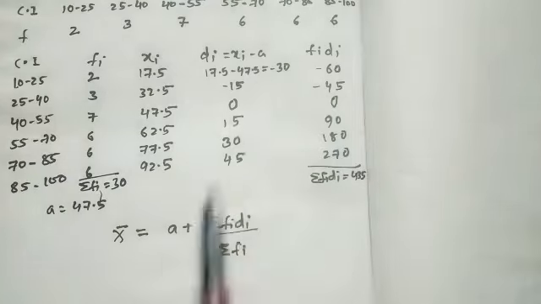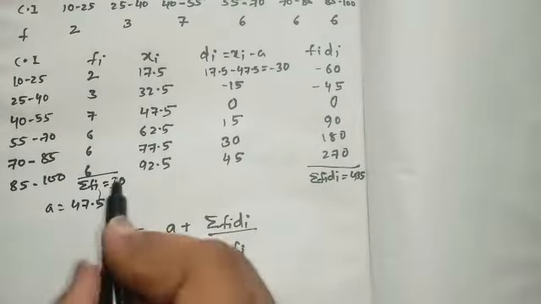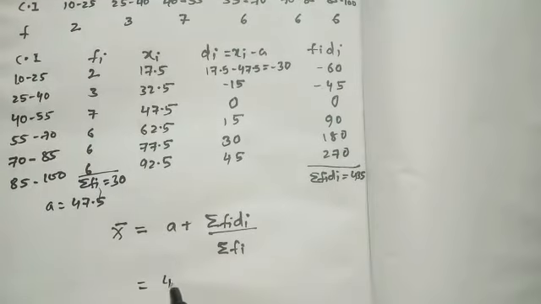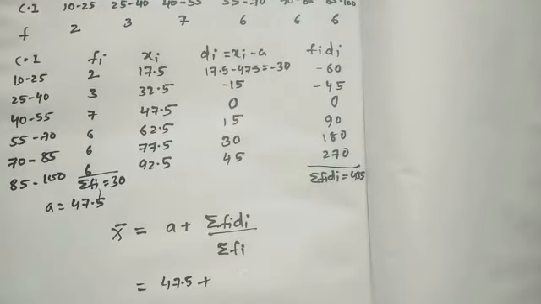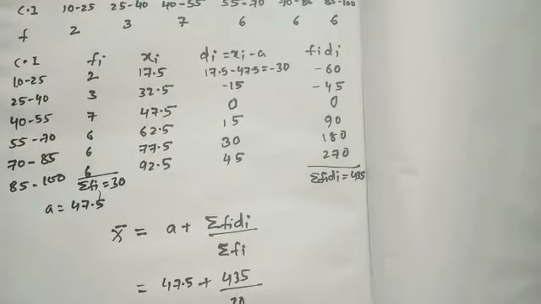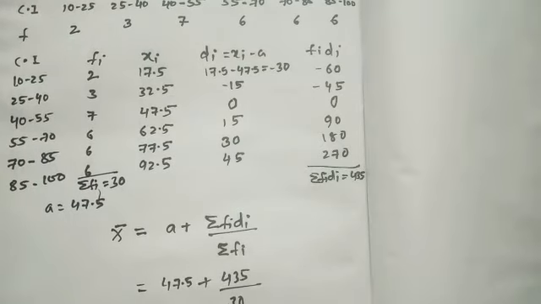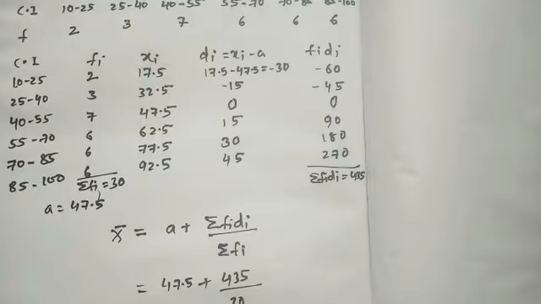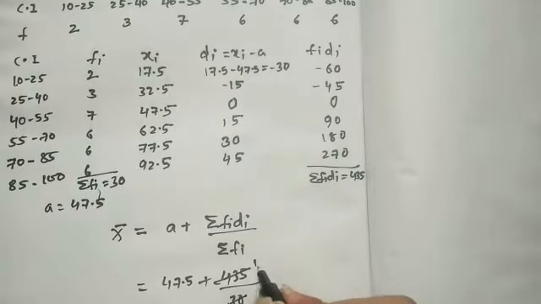Now substitute these values in the formula to get the answer. A is 47.5 plus sum of fi into di is 435 divided by sum of fi is 30. 47.5 plus, when you divide 435 by 30, you will get 14.5.